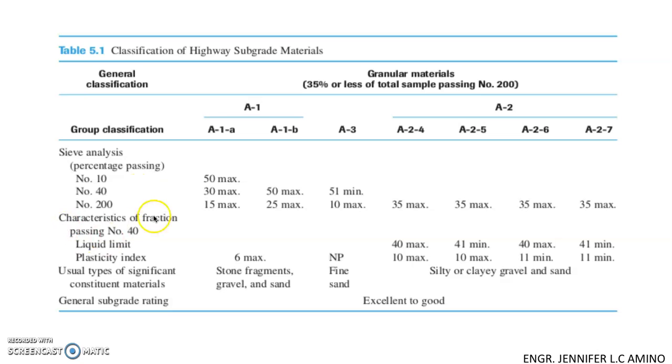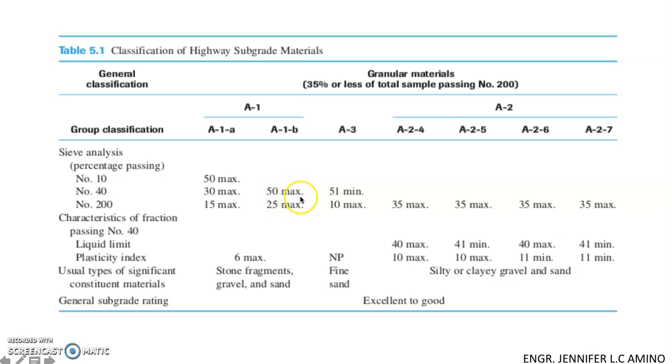For example, number 40, you are given 40% passing. From A-1-A, it will not be classified there, so move on to the next, A-1-B.